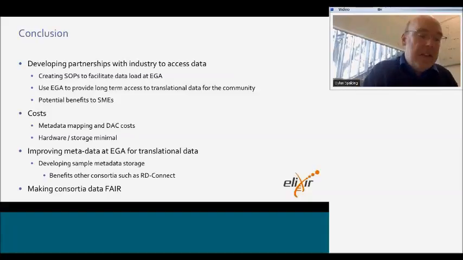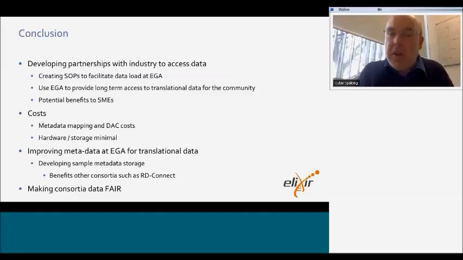So by the EGA and ELIXIR providing the data infrastructure here, and the archival processes, plus the distribution processes, there is a significant cost saving for small and medium enterprises who perhaps don't have the resources to do this themselves. In terms of the costs, the prime costs are for the metadata mapping on data upload, and then the ongoing costs to ensure data access.